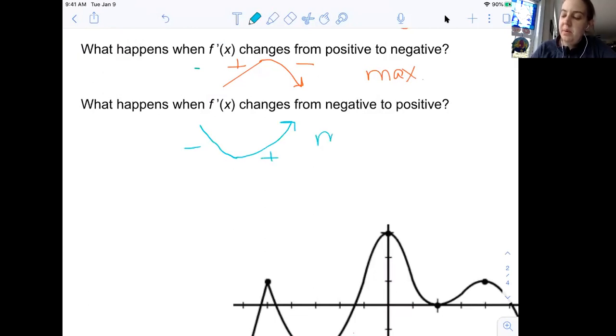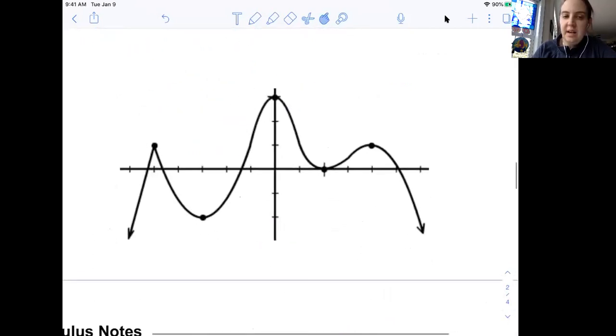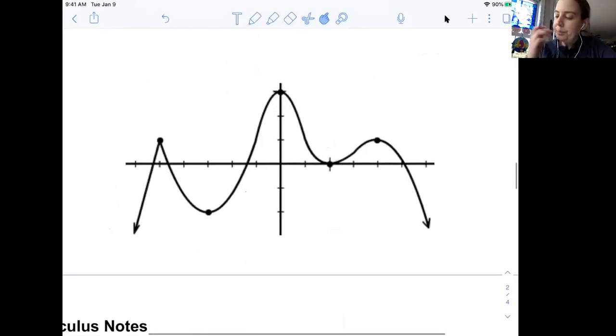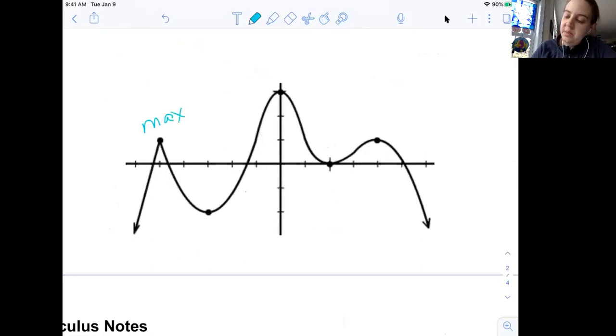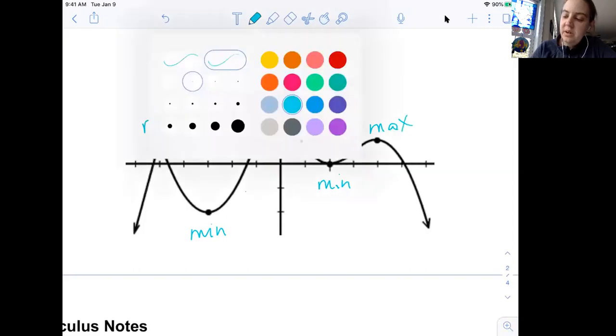You have a minimum. So if I go back to that first picture that we had before at the beginning, there's a lot going on here. We can talk about this being a max. This one's a minimum. We mentioned that already. This is a max. This is a min. This is a max. Before we talked about increasing and decreasing.